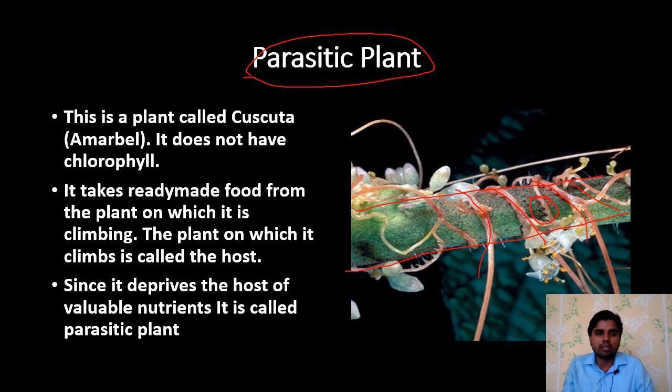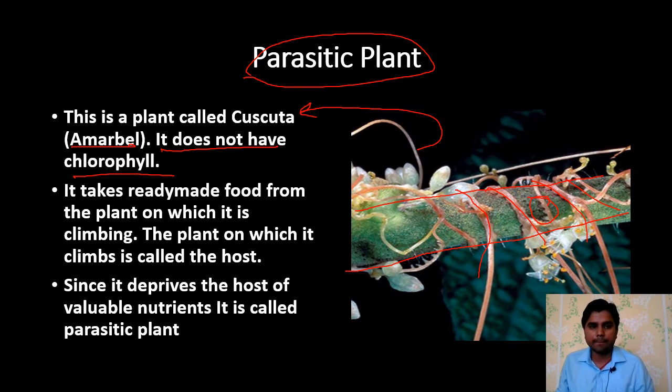See, the name of this plant is Cuscuta, also known as amarbel. It does not have chlorophyll at all. If it does not have chlorophyll, that means it cannot make its own food. So it takes ready-made food from the plant on which it is climbing.